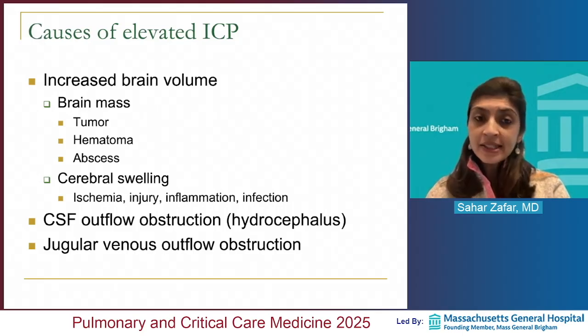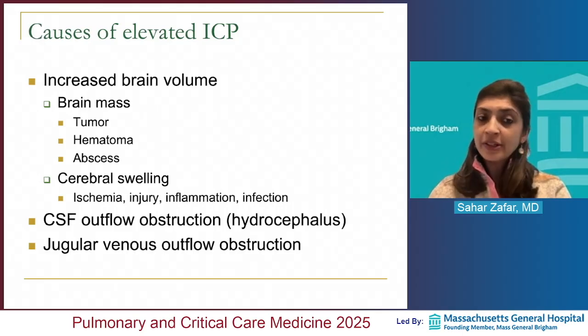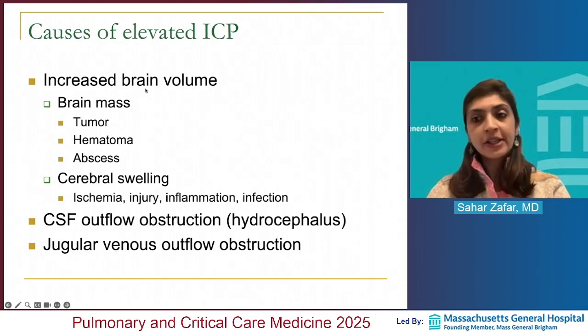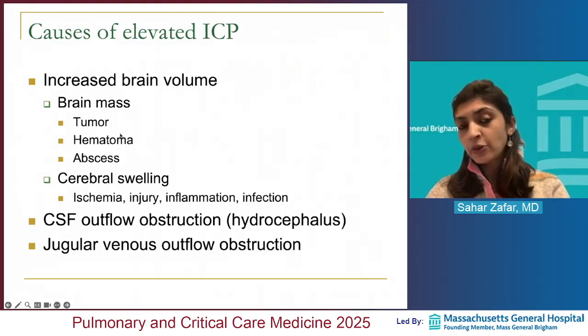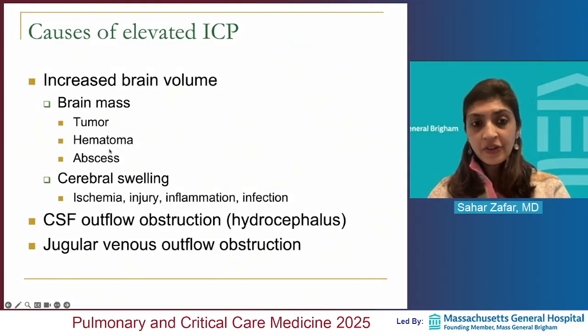So what results in high ICP? We already covered some of this, starting off with just increase in brain volume. And this can be brain masses, tumors, hematomas, abscesses, hemorrhage from trauma, all can result in raised intracranial pressure. There can be cerebral swelling that can be secondary to ischemia or infection.